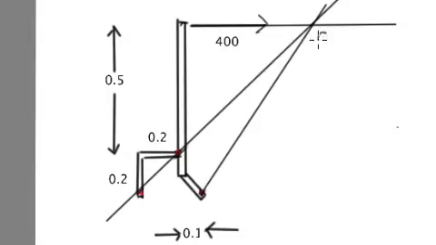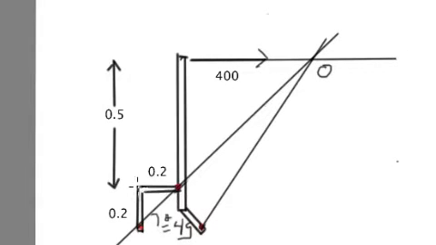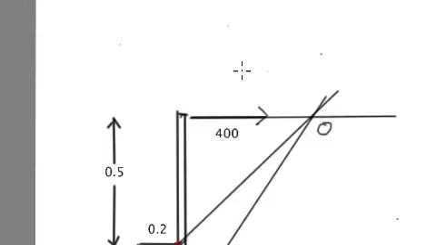We'll call this point O. We know from the measurements here, 0.2 up, 0.2 over, this is a 45-degree angle. Theta equals 45.